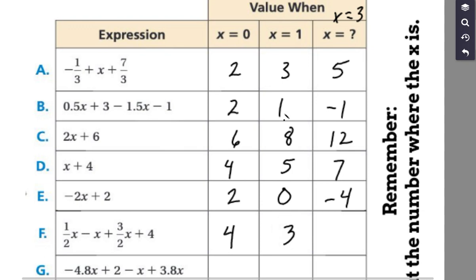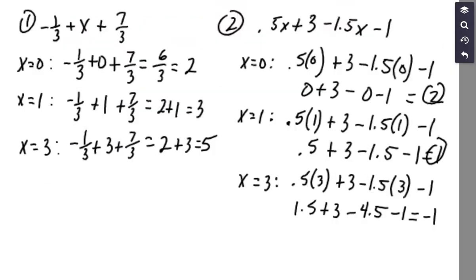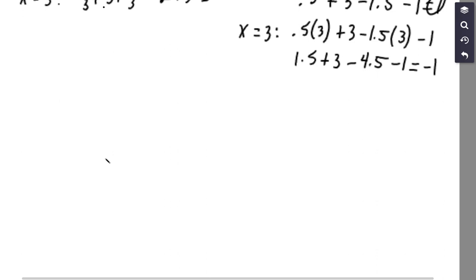All right, let me redo that. I don't think that's right. So I'm going to go to my other sheet of paper, and this is number 6.